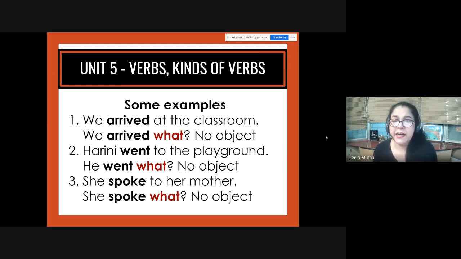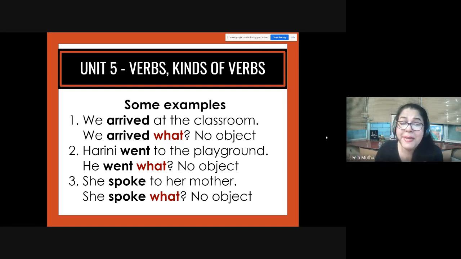So we arrived at the classroom. We is the subject who's doing the action. Arrived is the verb. We arrived what? There is no answer. Now don't think that at the classroom would be the object in the sentence.